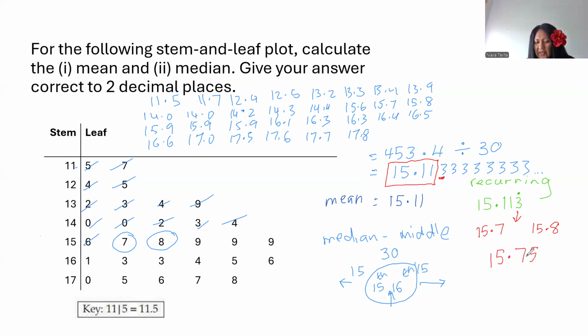If you also want to find the average just to make sure, all you have to do is add 15.7 plus 15.8. That gives 31.5, and then divide by 2, and the answer is 15.75. So that is correct.